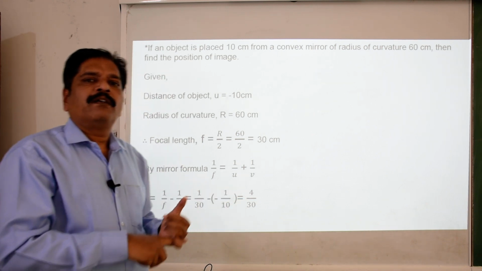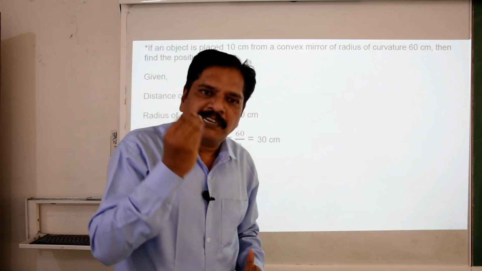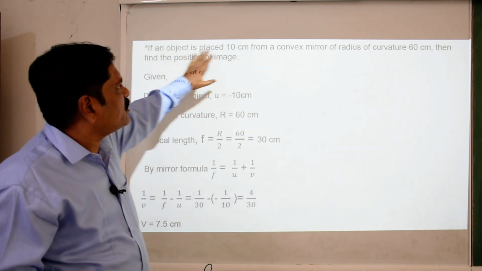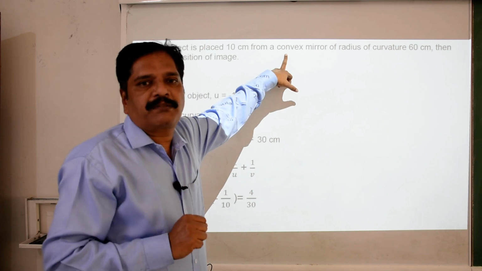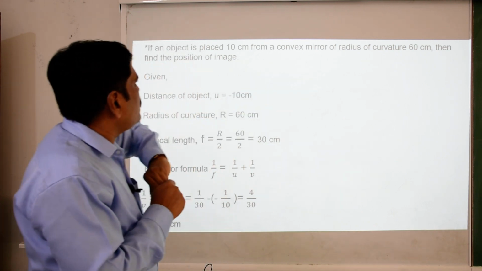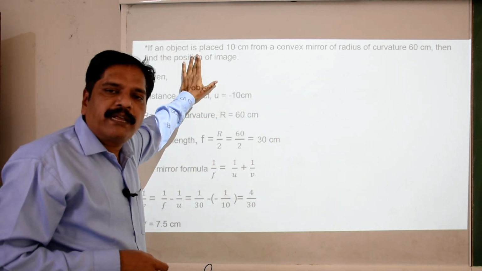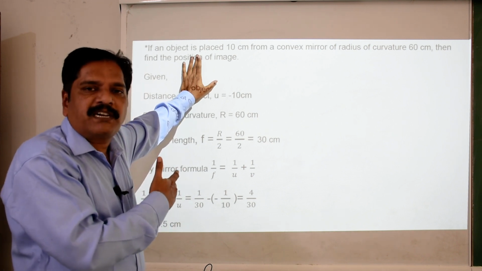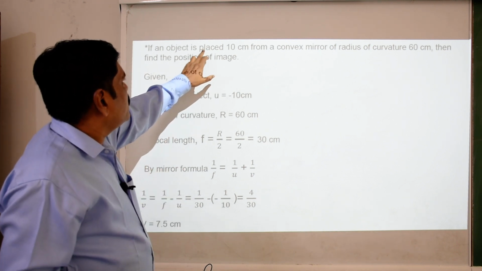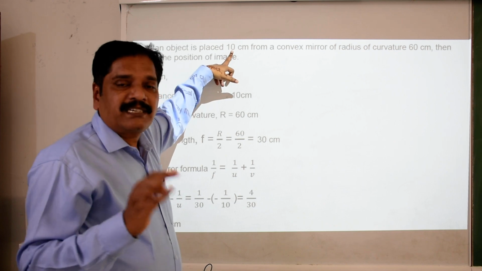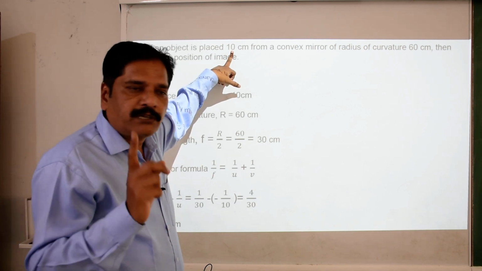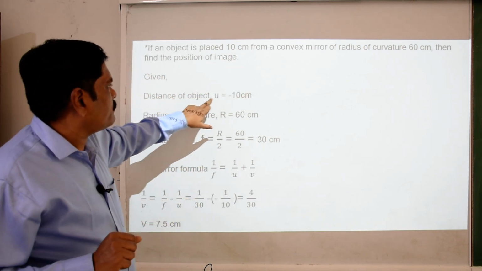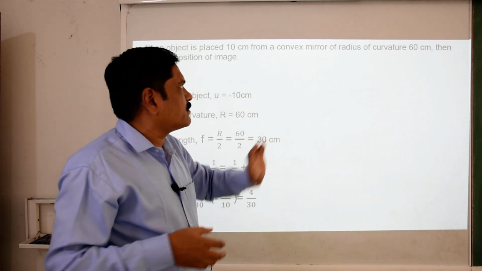First of all, you have to find out the nature of the mirror. It is a convex mirror, okay? Then the object is placed on the left-hand side of the mirror. So the distance of the object, U, is 10 centimeter negative, clear?